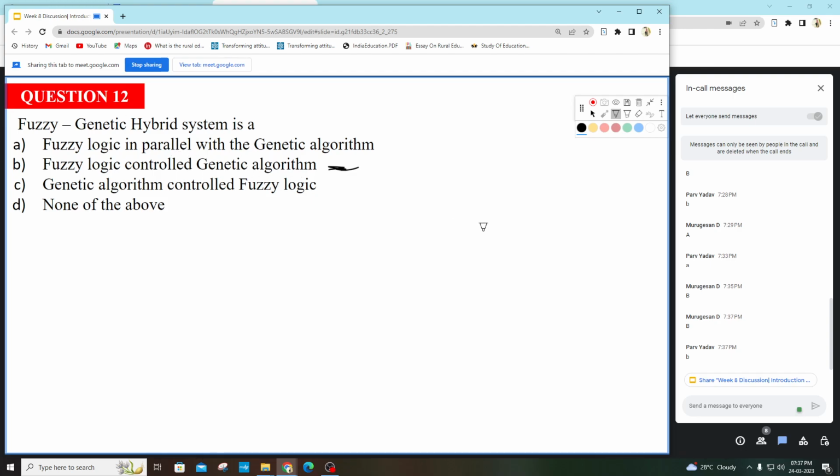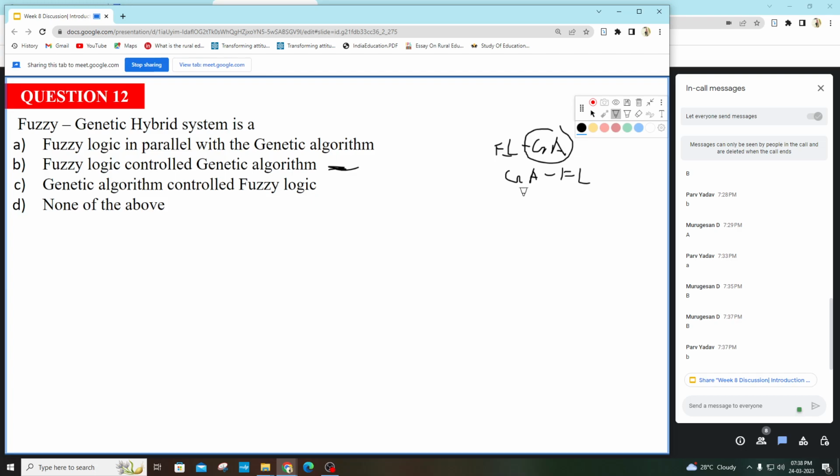No problem. What I want to discuss is the difference between FLGA and GAFL. These two are not the same; they are different. In FLGA, your main system is the GA, and FL is used to tune some parameters only.